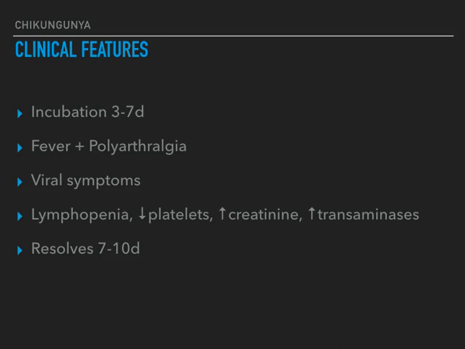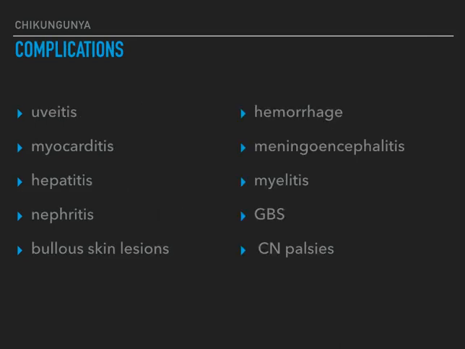The viral symptoms that come along with this kind of illness are the same as before. They can get lots of different lab abnormalities, and those are listed here. Most of these symptoms and abnormalities are going to resolve in about 7 to 10 days. These are some rare complications of chikungunya.